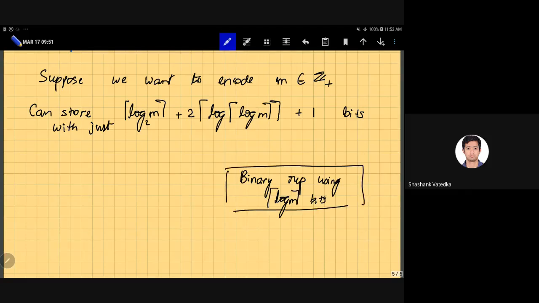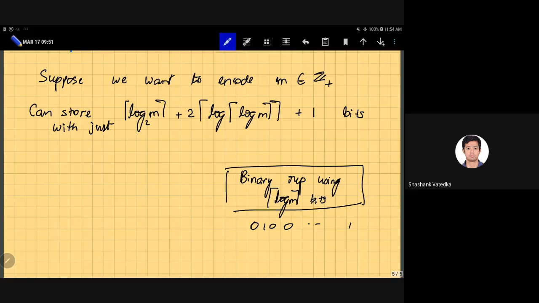Okay, so this is some sequence. But then the problem with getting a prefix-free encoding of this is that you don't even know what log m is, so you don't know where to stop.